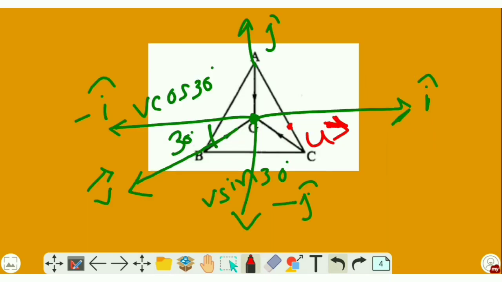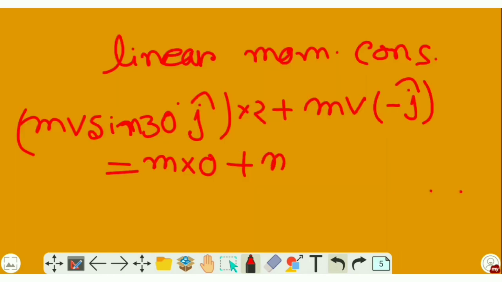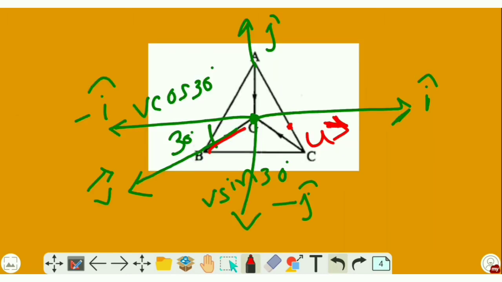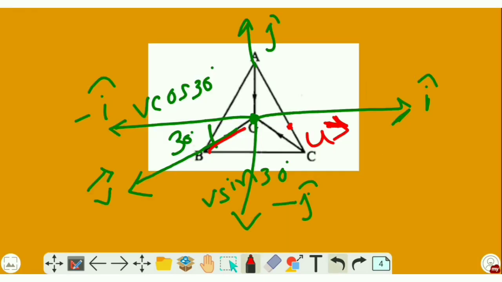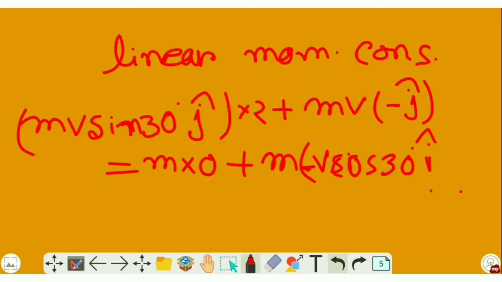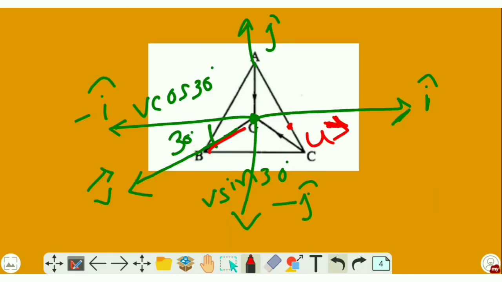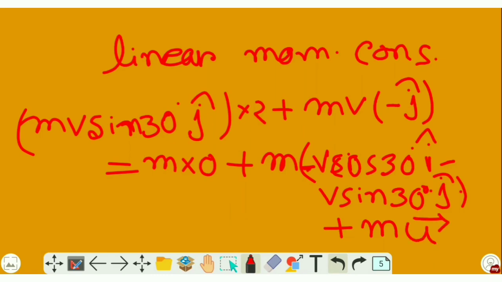The mass which came from B to G now has components v cos 30 degrees minus i cap, and v sin 30 degrees minus j cap, plus the velocity of the mass which came from C to G, let's say u vector, so m u vector.